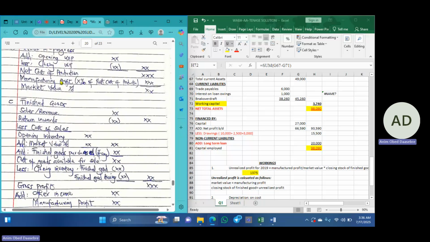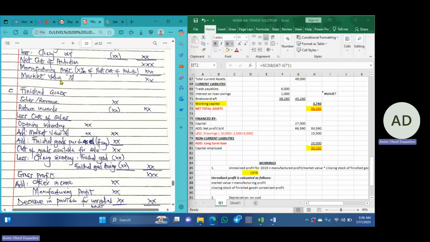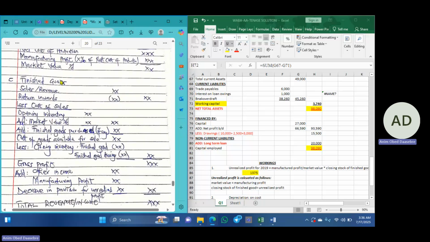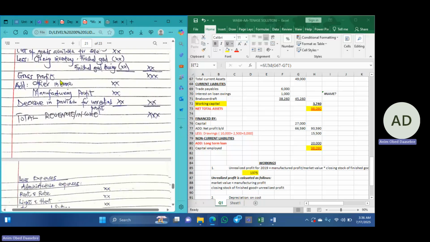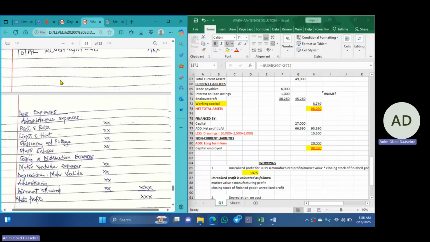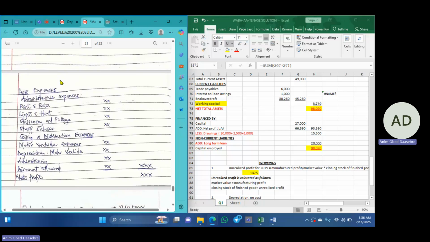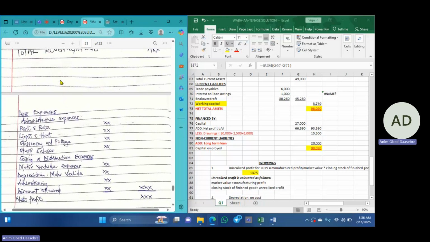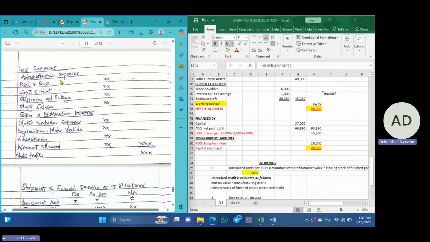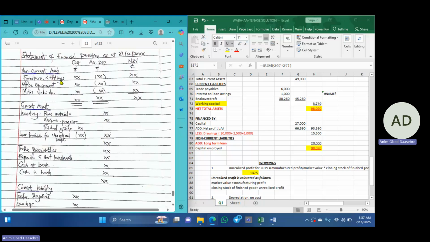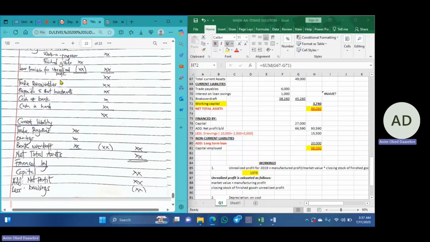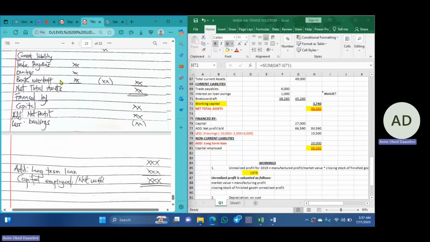Then you come to your income statement. That's the finished goods component of the accounts. Once you are done with your income statement, you end the discussion on the balance sheet, right? On the balance sheet, you do all these things, then you are done.